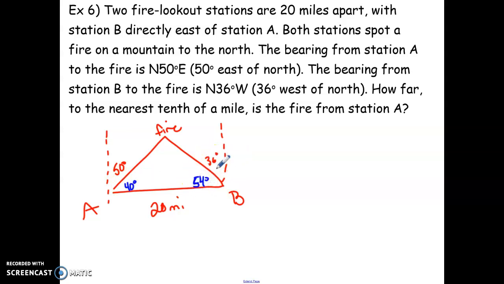And then you can go ahead and use that to find how far to the nearest tenth of a mile is station A. So we're going to find this by doing law of sines. We can figure out this angle measure is 86. So we're going to do 20 over sine of 86 equals x over sine of 54. And that will give you your total distance, and I'll let you figure that one out on your own.